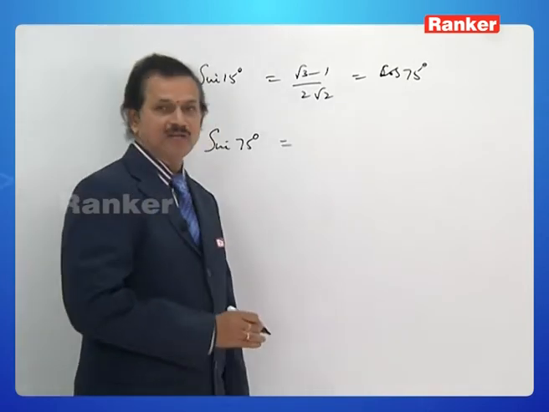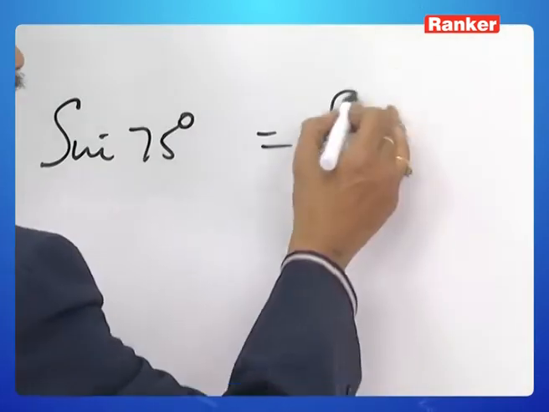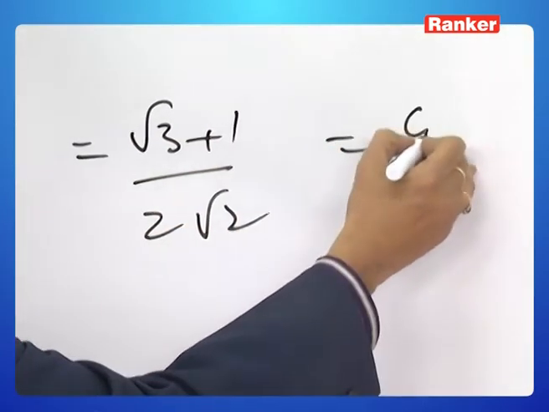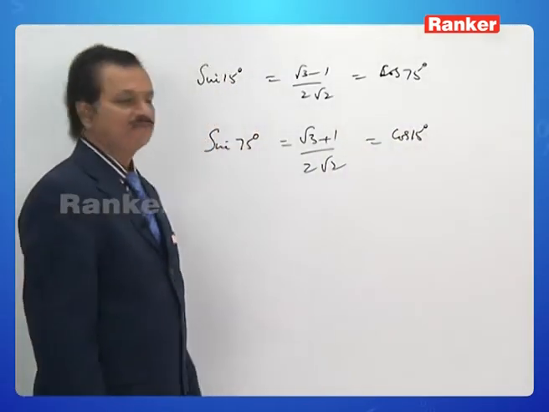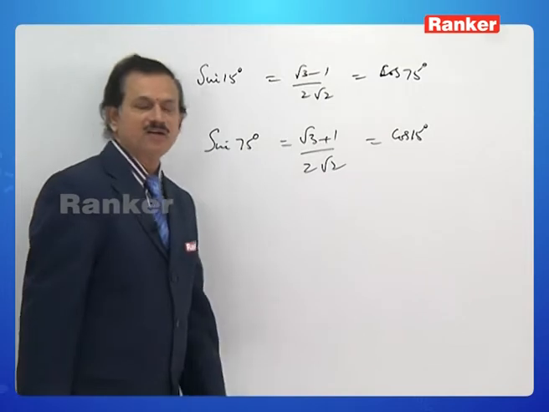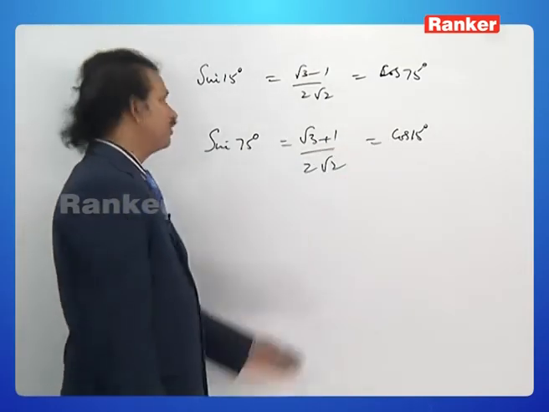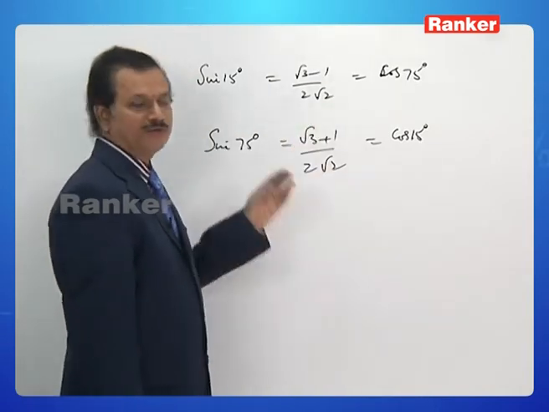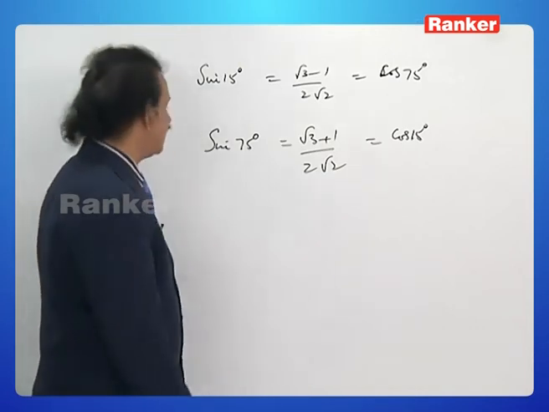Here you should have sine of 45 plus 30 degrees, so that this becomes plus, root 3 plus 1 by 2 root 2. And the same can be cos 15. Why? Because 75 degrees and 15 degrees are complementary, you know. So you need not calculate those values. If you know sine 15, immediately you can have cos 75. If you know sine 75, immediately you can have cos 15 also. Well done.